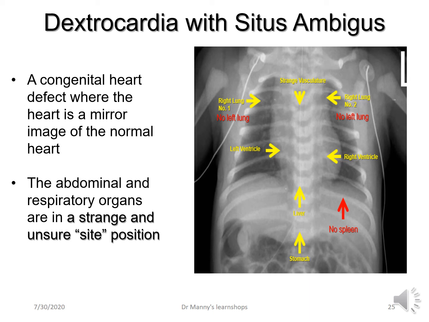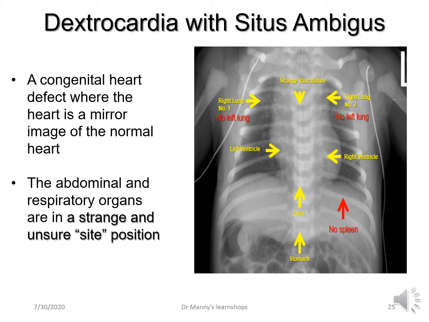On the X-ray, the vasculature looks strange. You may have 2 right lungs and no left lung. You may have 2 left lungs and no right lung. You may have lungs that don't look anything like the right or the left lung. The left and right ventricle are reversed.